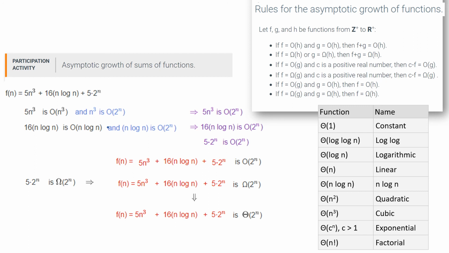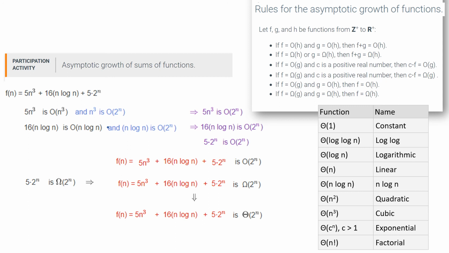If you look at these three terms, the term that grows most quickly, and you might have to refer to the chart, is the third one, 5 times 2 to the n. That is almost down to the very bottom of this chart. It grows the most quickly.